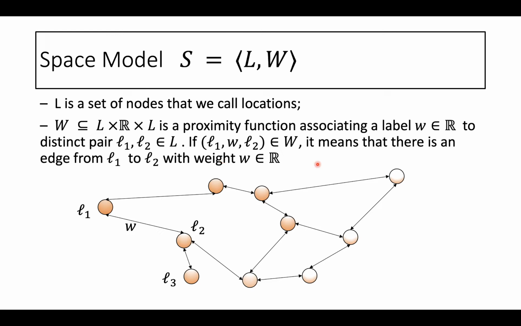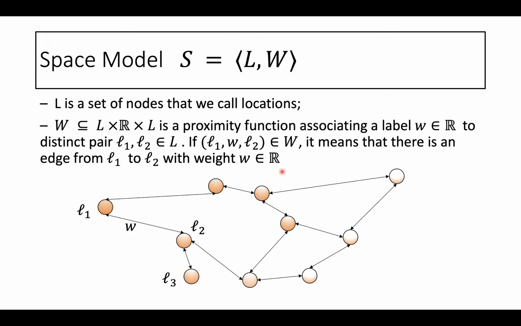So you can think of this W, capital W, just as a subset of the space location times real value times location, and you say that if a tuple, for example (L1, w, L2), belongs to this set, so to capital W, it means that L1 and L2 are connected and that there is a weight equal to w.